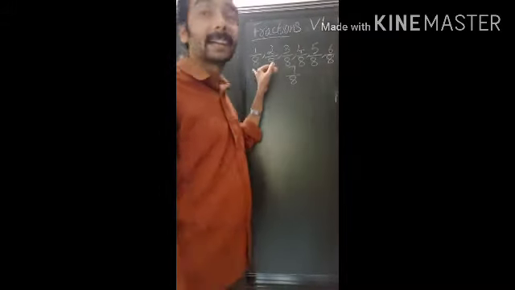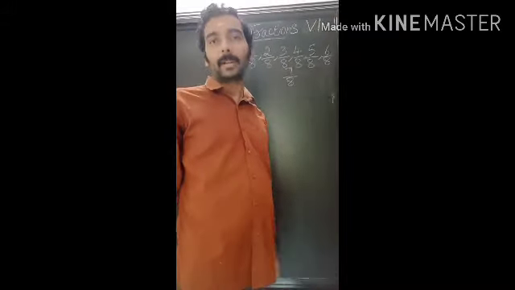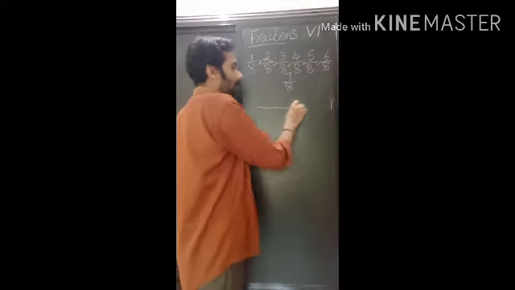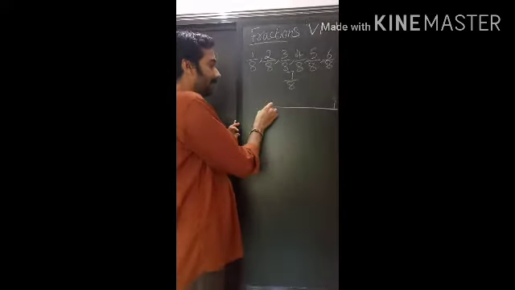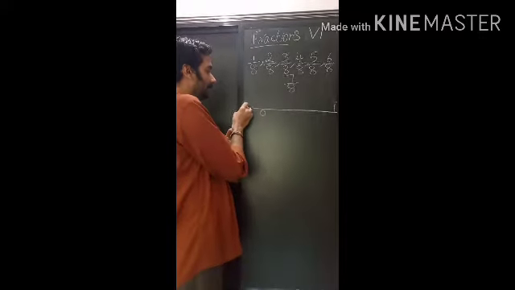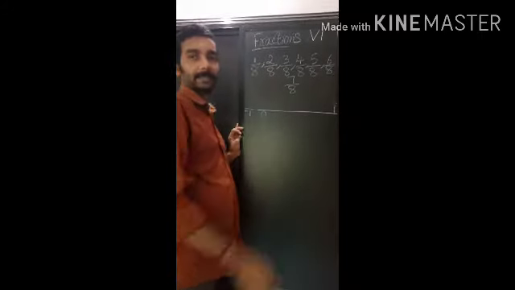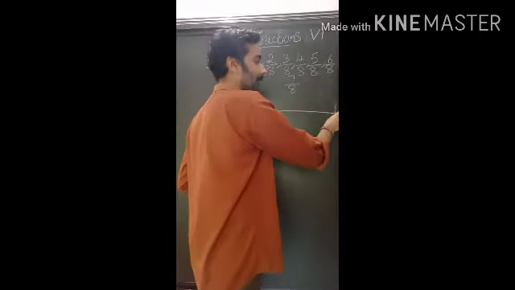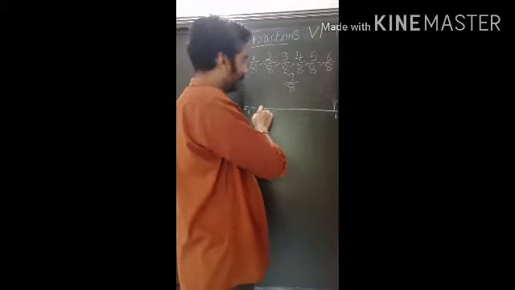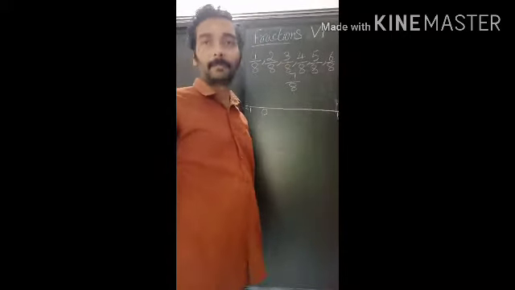This is the second question. Same as above, first we draw a number line. This one is 0, this side is minus, and this one is positive 1. These fractions lie between 0 and 1.